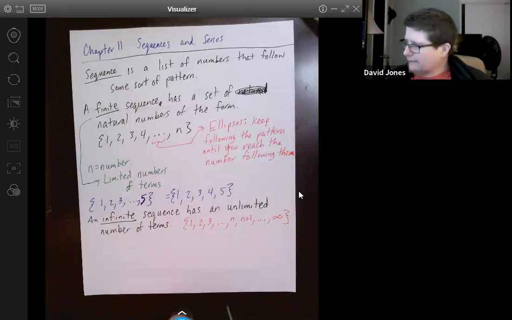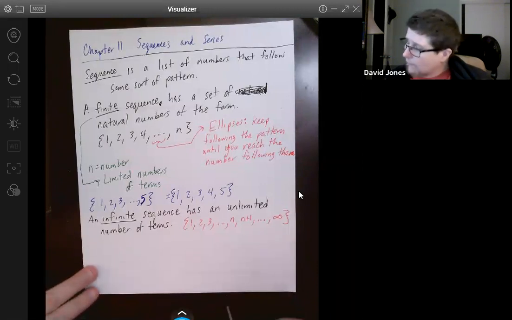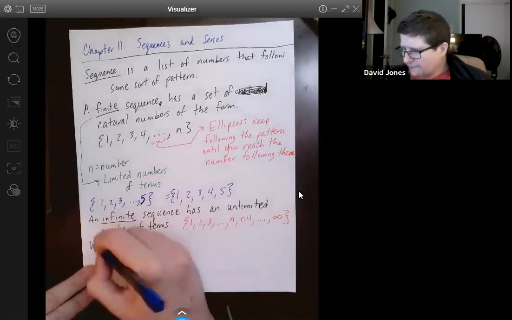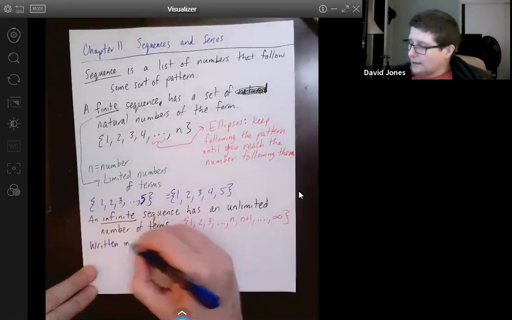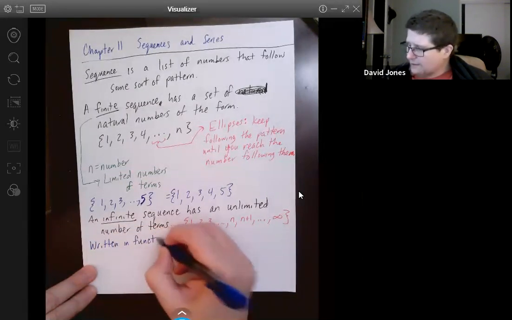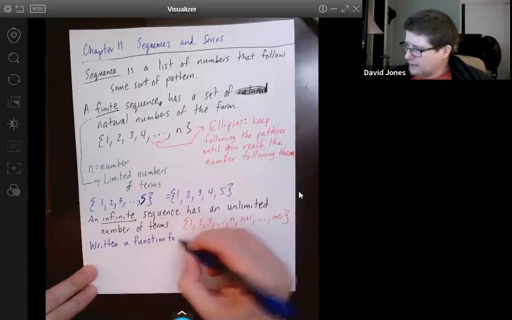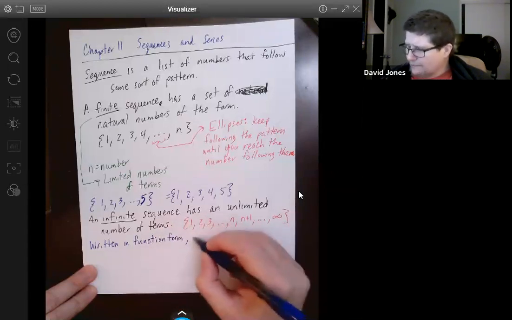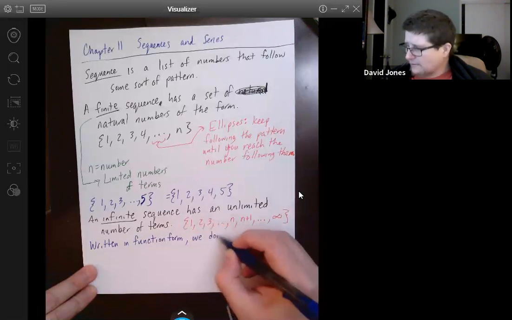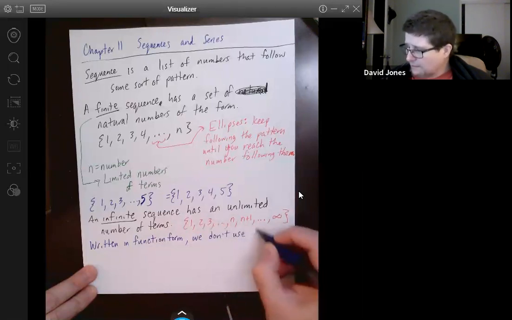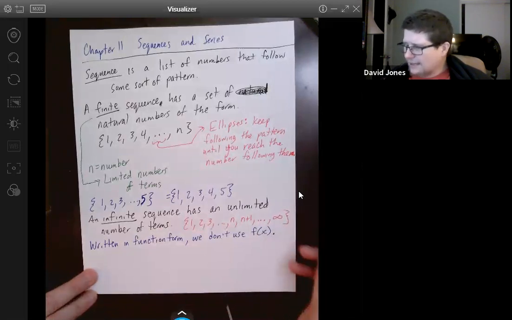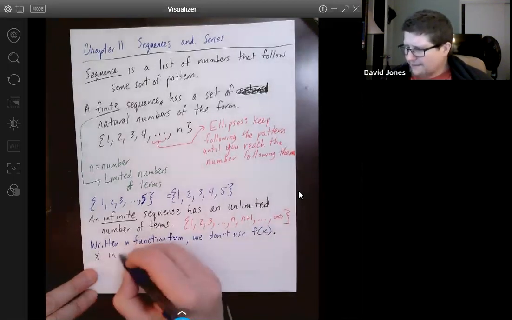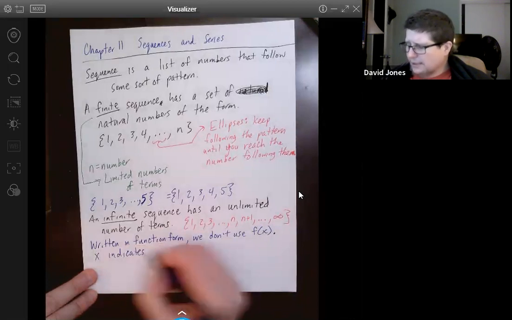The ellipsis is short, but still it can be long. Oftentimes we will write it in function form, as we'll do a lot today. I'm not going to give you an example at this moment, but we will in a second. Written in function form, we don't use f of x. Remember, functions have something like that. X indicates a variable, and these aren't variables.